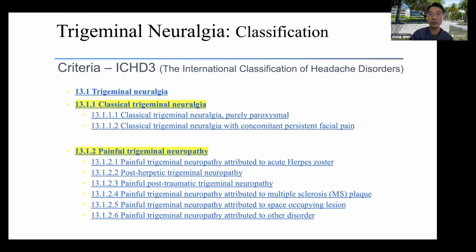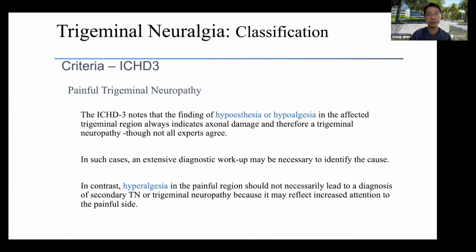So as long as you can identify the cause, you put them into the painful trigeminal neuropathy group, versus the other group, which is classic trigeminal neuralgia. The pain could be intermittent, purely paroxysmal, or you could have concomitant persistent facial pain between the episodes. But both of these subtypes you now call classic trigeminal neuralgia.